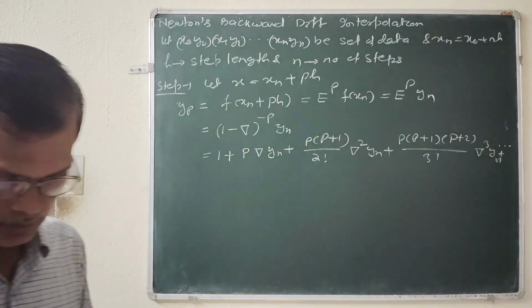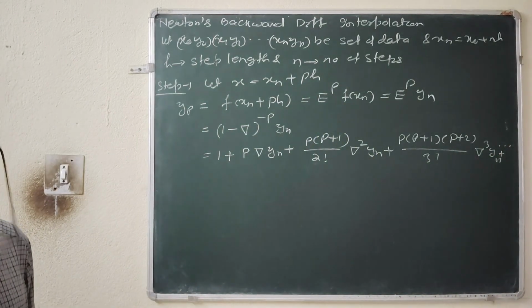So this is the formula of our Newton's backward interpolation.